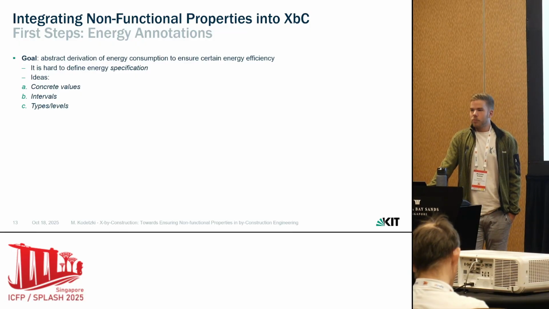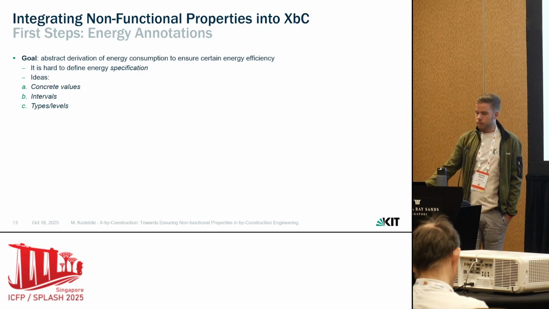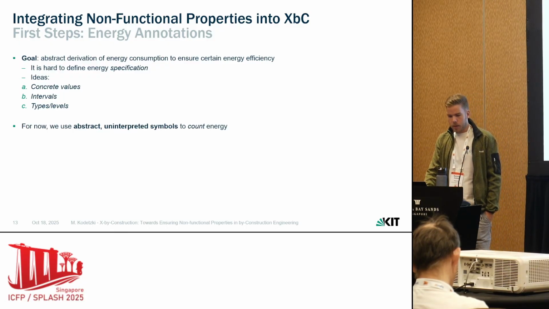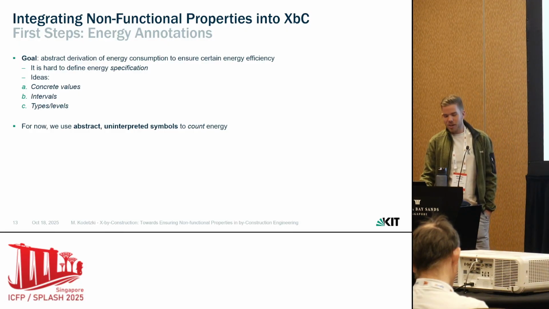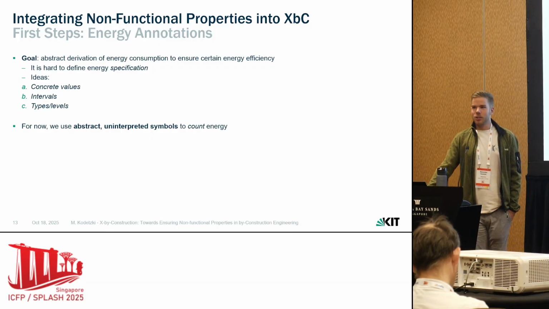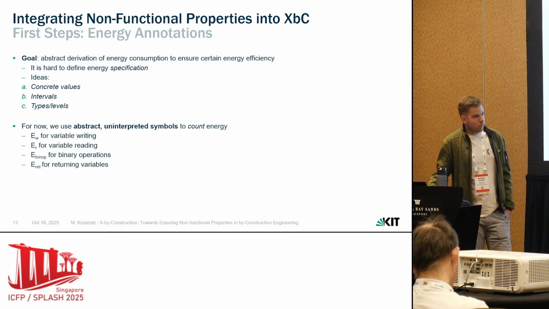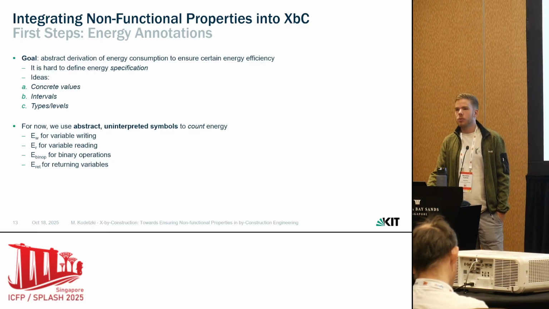We could say we have intervals, like 3 to 5 joules, or we could go for an approach like in information flow control by construction, where we have different levels of high, medium, low energy consumption. For now, we decided on abstract, uninterpreted symbols that somehow count the energy that is consumed in our program. And those symbols, there are 4 of them, are for writing, reading, binary operations, and returning variables.